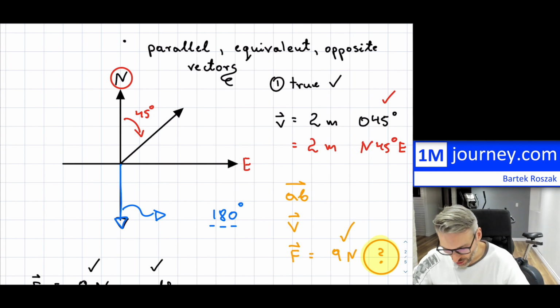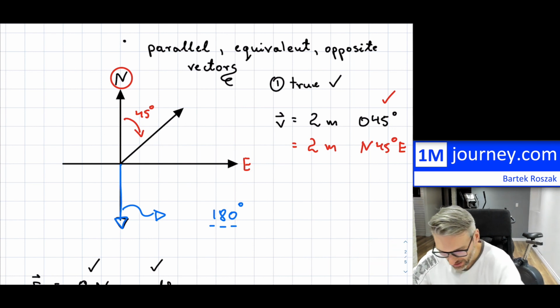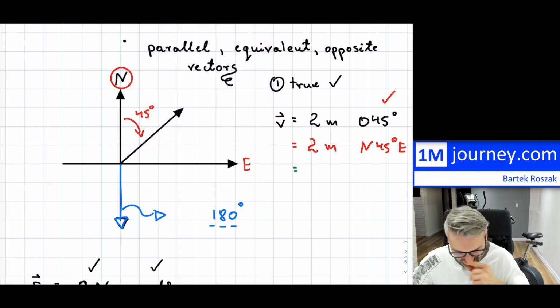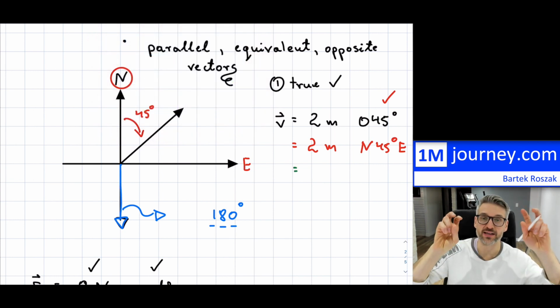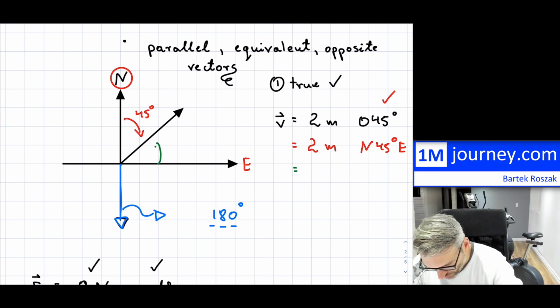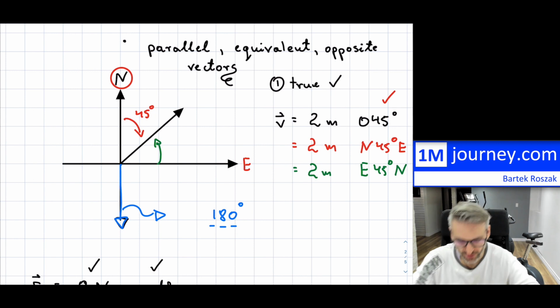Now, you can also write exactly the same thing. It probably wouldn't have been written out like this, but you can write the exact same thing in this style of quadrant bearing, thinking of it in this direction, that this could have been 2 meters, starting from the east side, 45 degrees going north.